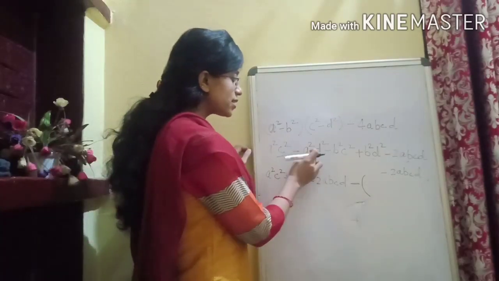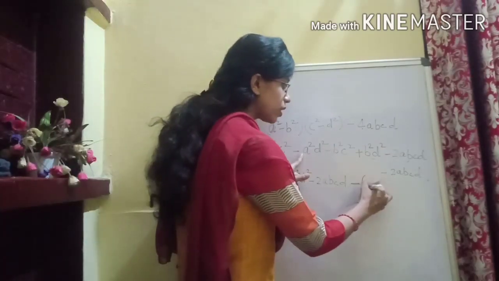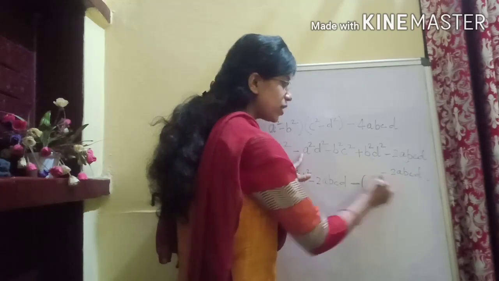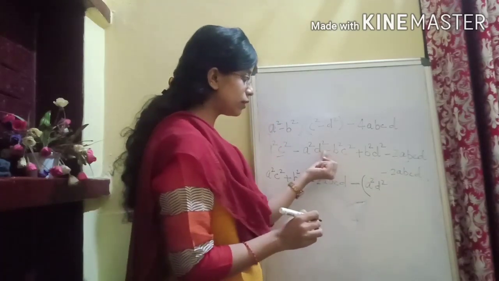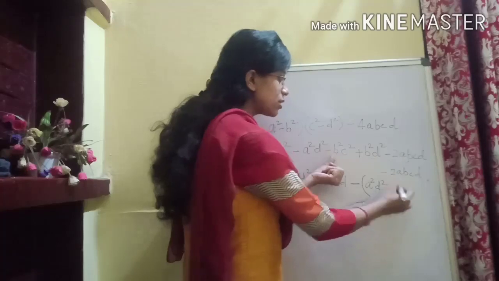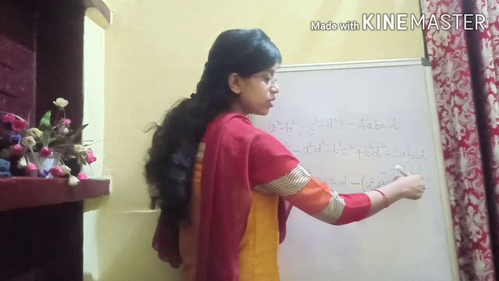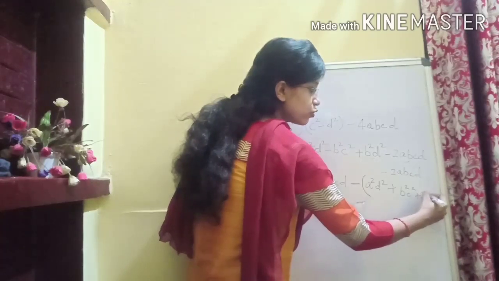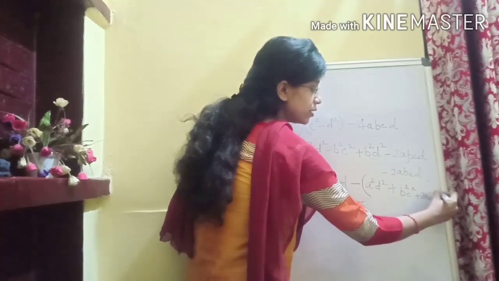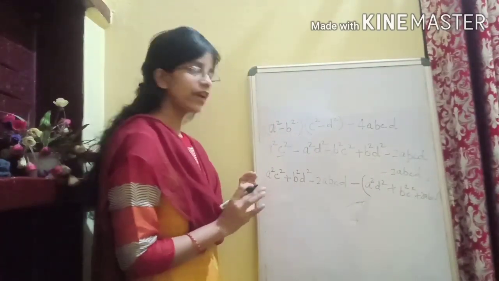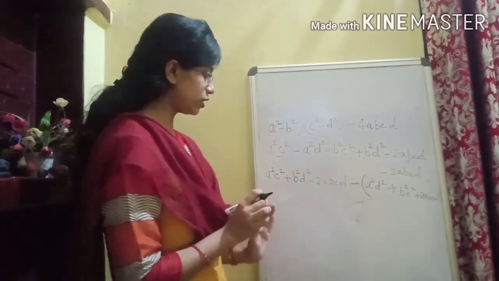Minus a square d square will simply become a square d square with plus sign. Also this minus will become plus, so it will be b square c square, and for this also it will become plus 2abcd.